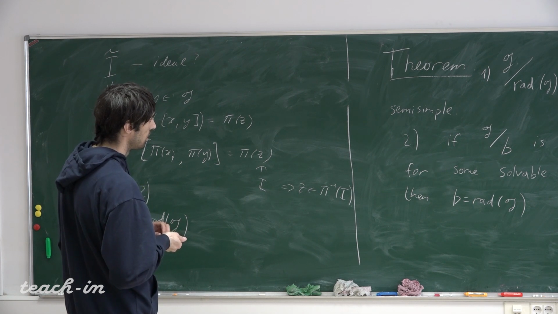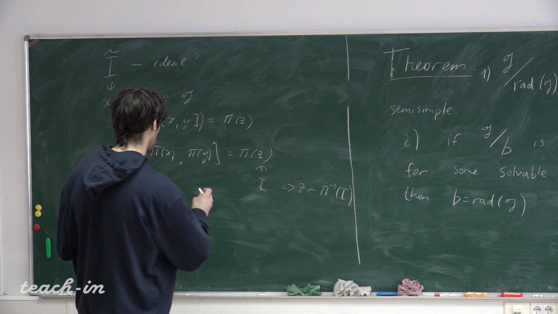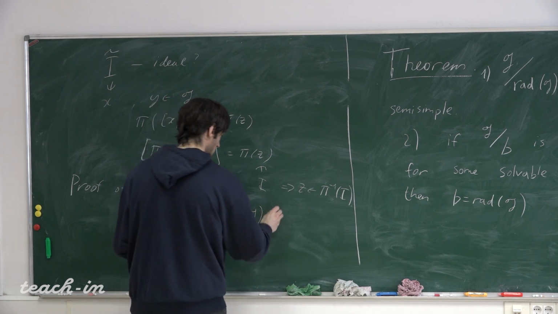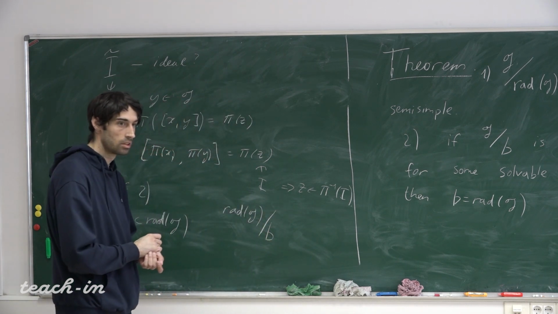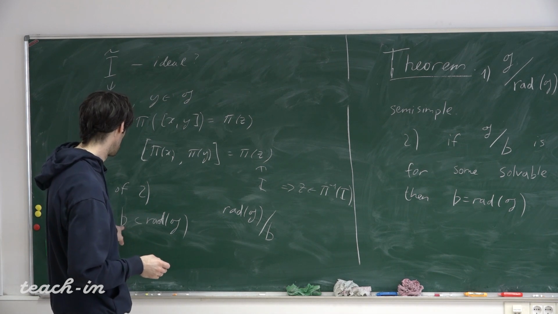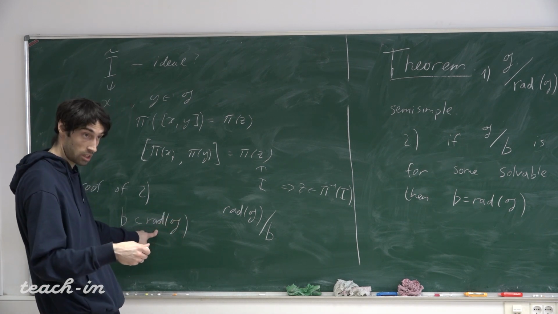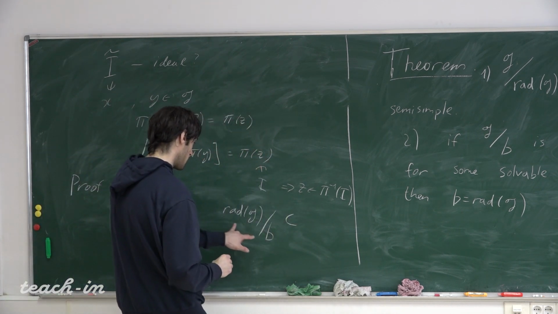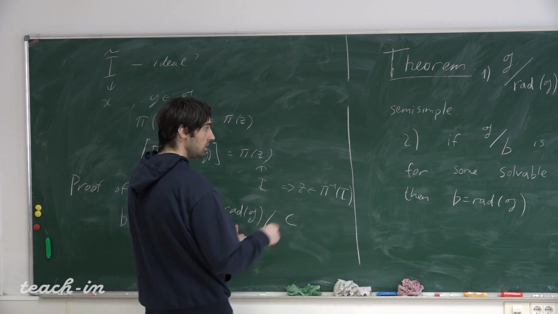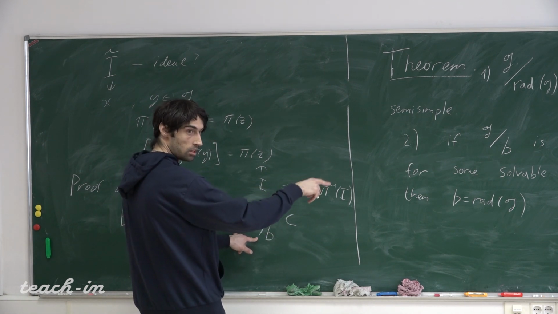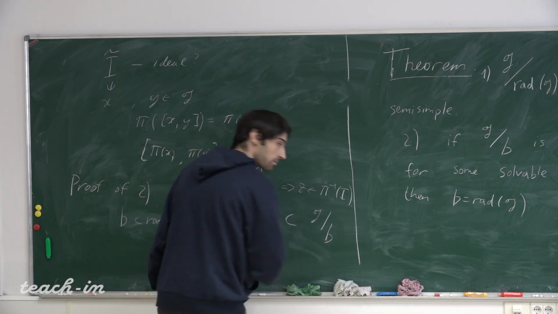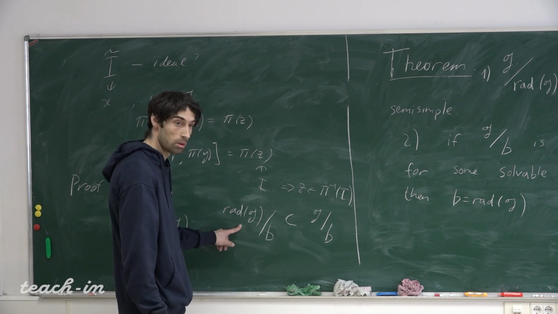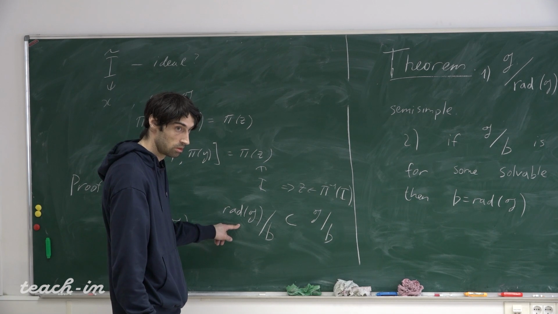I take the radical and quotient by B. B is an ideal in G, but also it's an ideal in the radical. This is then an ideal in G quotient by B. But this ideal is also solvable, because the radical is solvable.